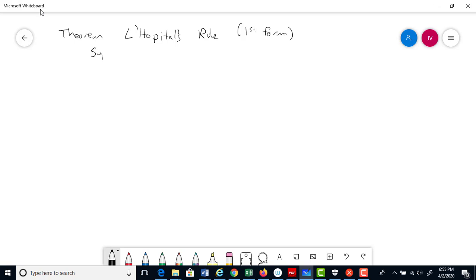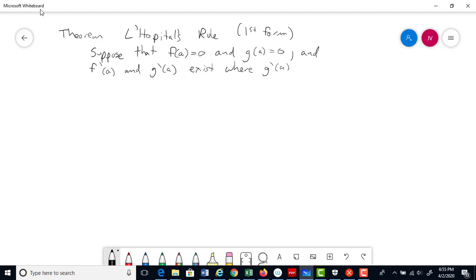So suppose that f of a is equal to 0 and g of a is equal to 0, and f prime of a and g prime of a exist, where g prime of a is not equal to 0.